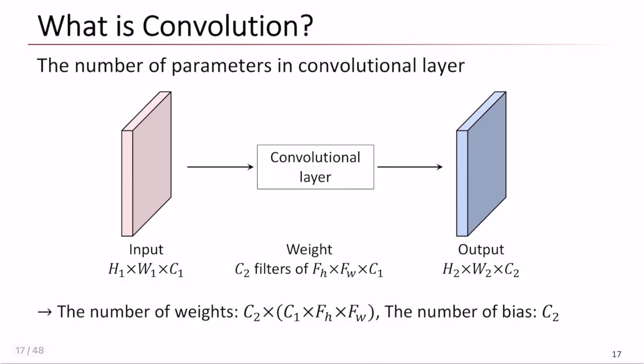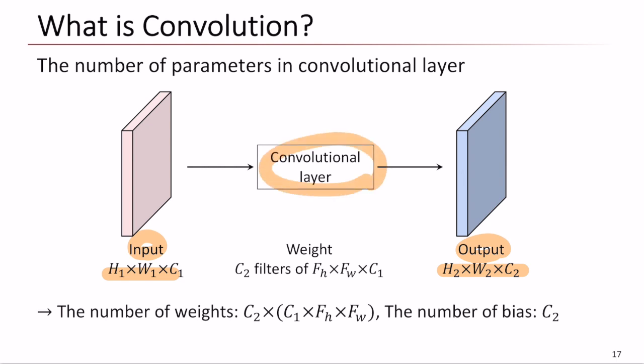In other words, we can generalize like that. You have an input of size H1 by W1 by C1, where C1 is the channel. Then you want to generate the output of size H2 by W2 by C2 with a convolution layer.